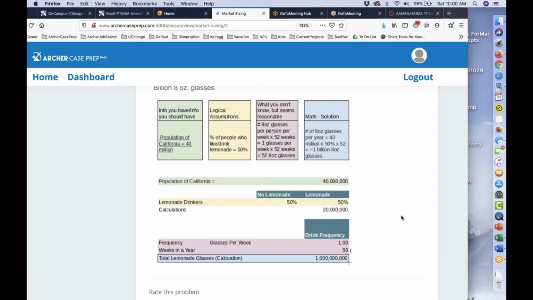Excellent. A couple of things that Jacqueline spoke to, and if others have a different way you approached this or thought about it, I want to hear about it. Just the population of California: some of you may know that because you've lived in California, and some of you may not off the top of your head. The way Jacqueline approached that was very nice, just a rough estimate.